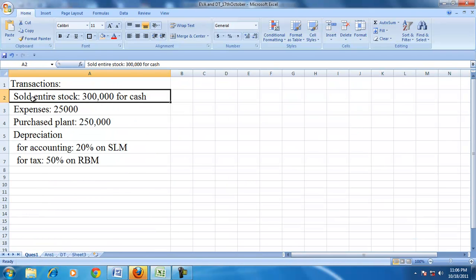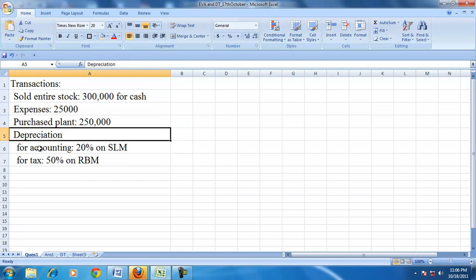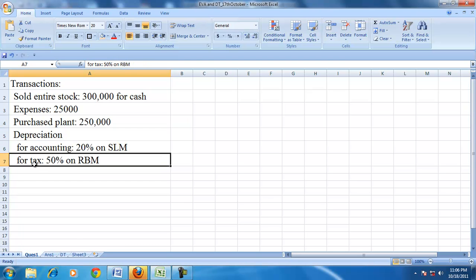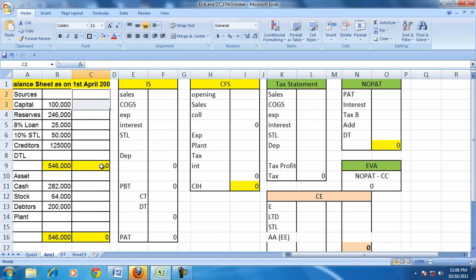The transactions are: sold entire stock for cash, expenses paid, purchase of plant, and depreciation for accounting and taxation at different rates. The entire stock was sold for 300,000, and the sales is for cash.